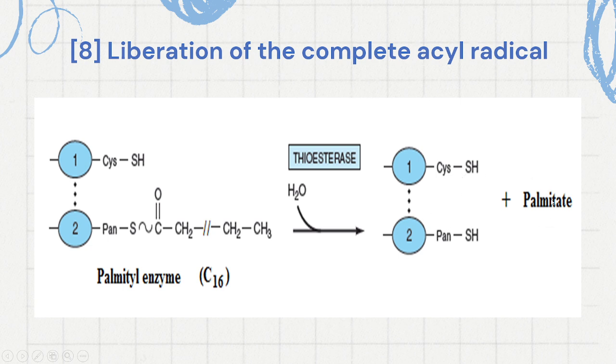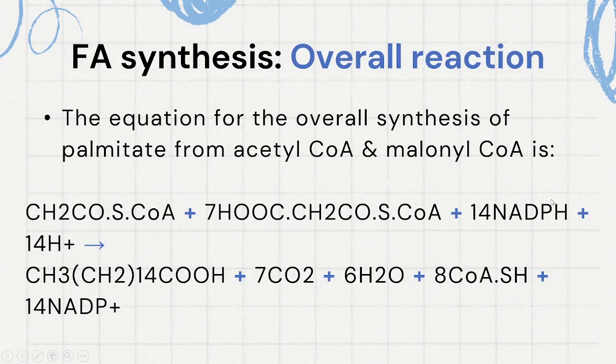in addition to palmitate. The overall reaction for palmitate synthesis from a priming acetyl-CoA molecule and several malonyl-CoA molecules, one for the initial reaction and the rest for the six repetitions of steps 3 to 7.